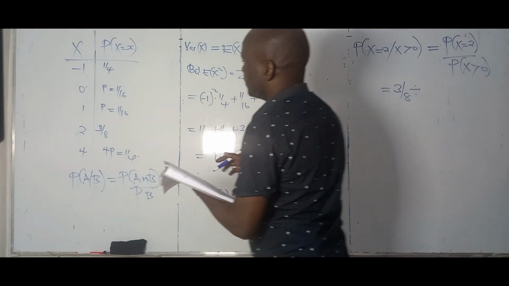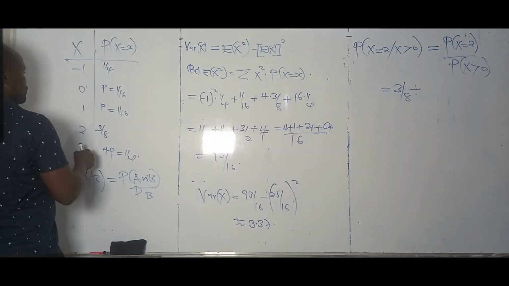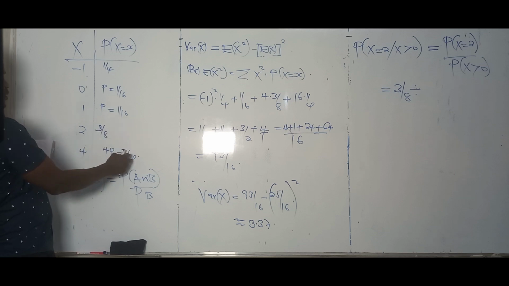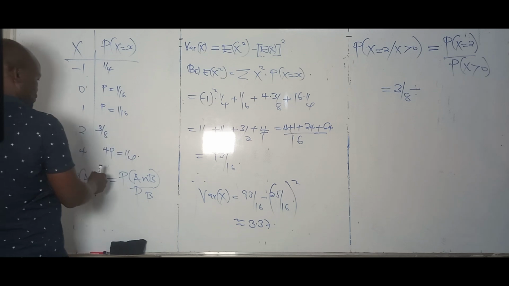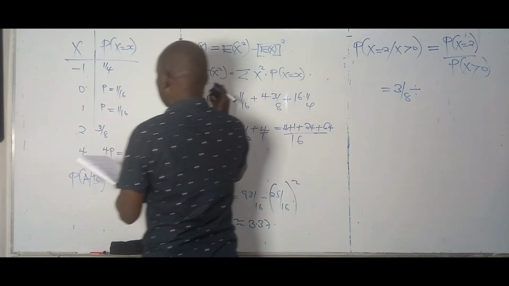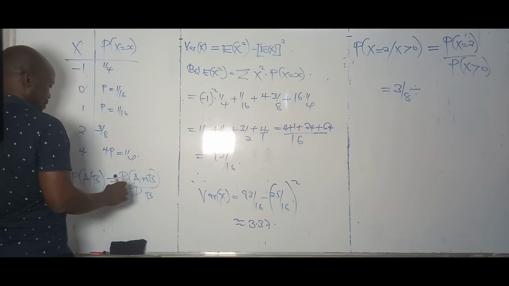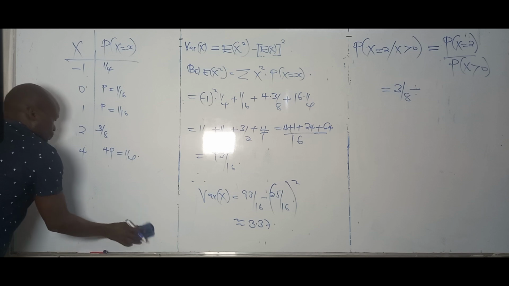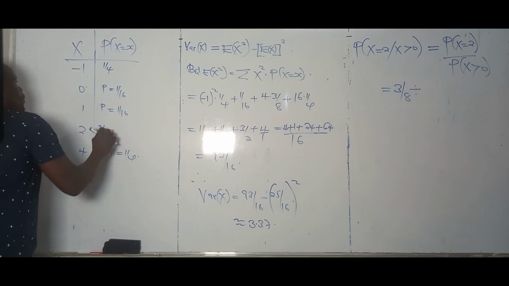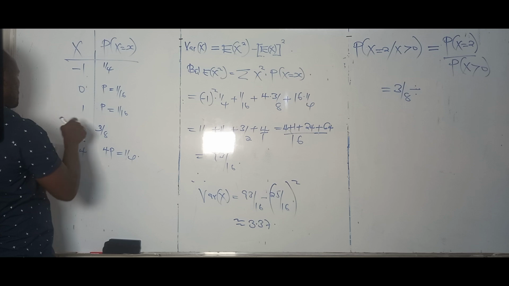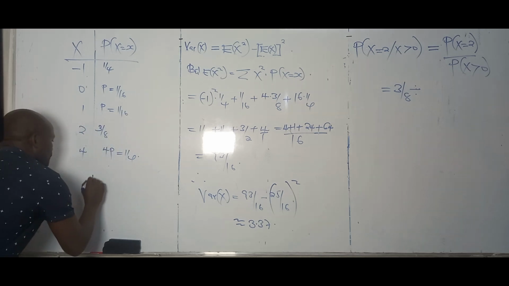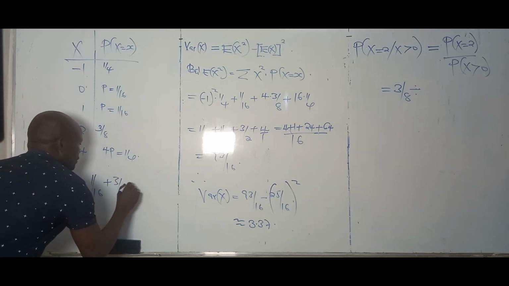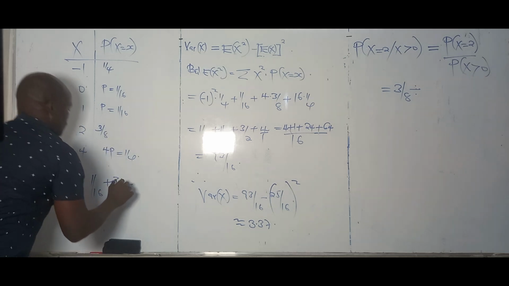We add these: 1 over 16 plus 3 over 8 plus 1 over 4.